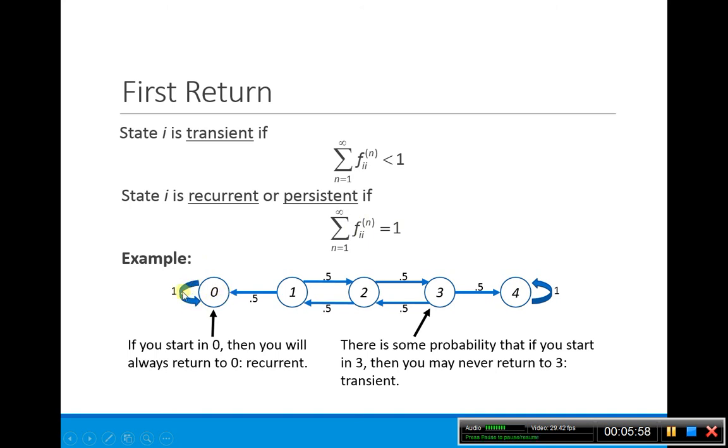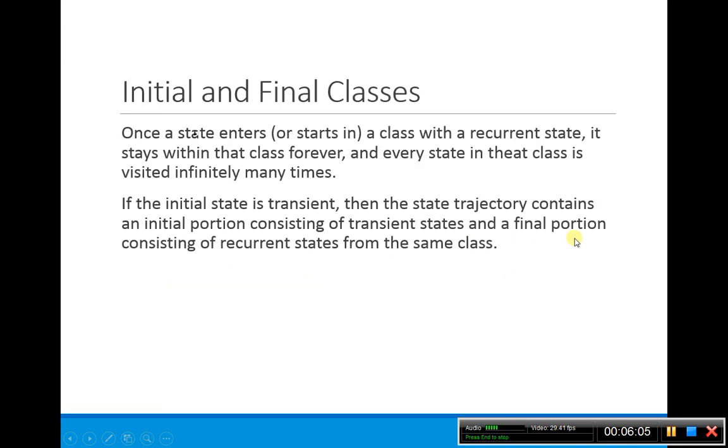I'm always going to come back to it; there's always the possibility of coming back. Once a state enters a recurrent class, it's going to be in that class forever. Transient states always end up going to a recurrent state, and once it's in the recurrent state, it stays there forever.